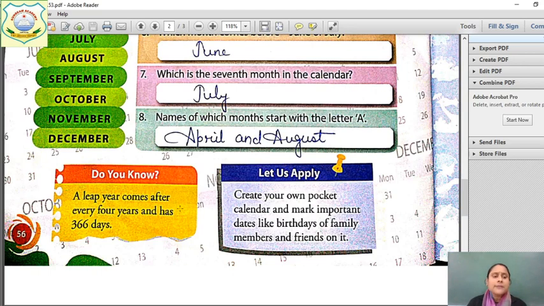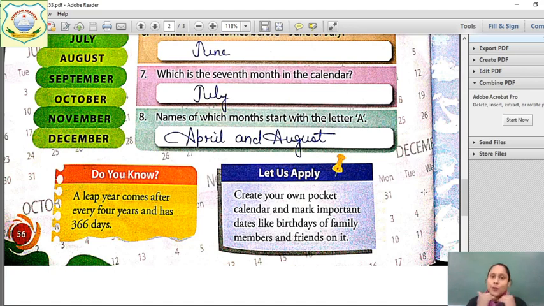A leap year comes after every 4 years and has 366 days. Normally, there are 365 days in a year. But जब भी leap year होता है, after every 4 years, एक leap year होता है. In that leap year, what happens? The days in February month increase from 28 to 29.